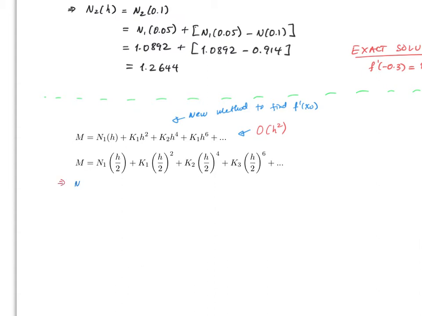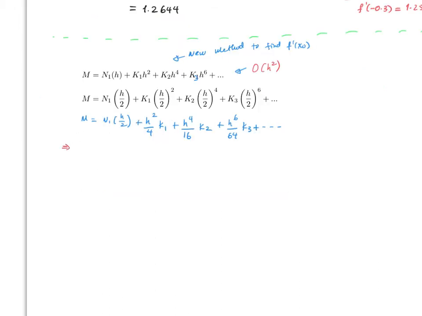The algebra is the same as the previous one. So here we're going to have M is equal to N1(h over 2) plus h squared over 4 times K1 plus h to the 4 over 16 times K2, and then plus h to the 6 over 64 K3 and so forth.